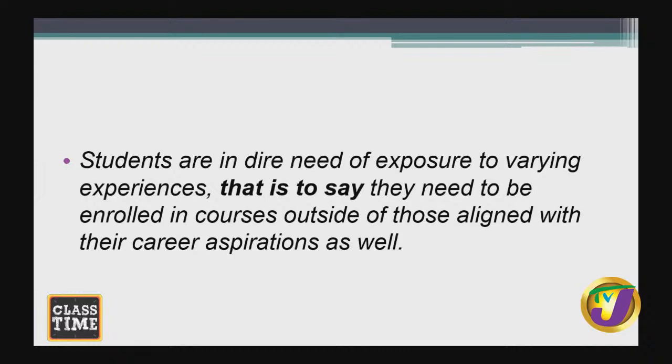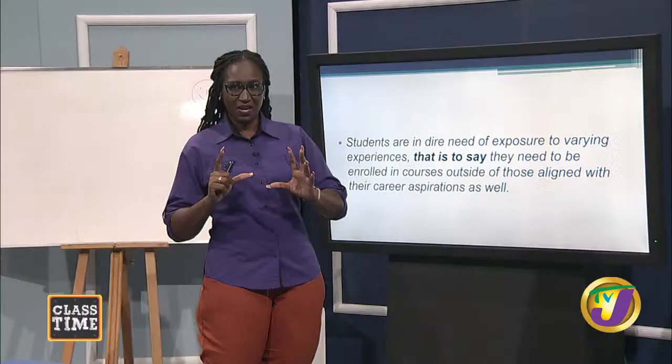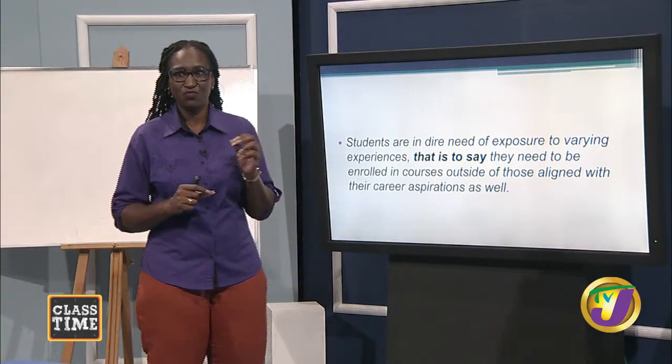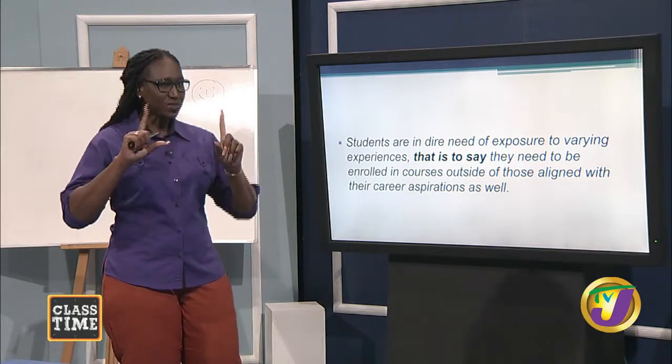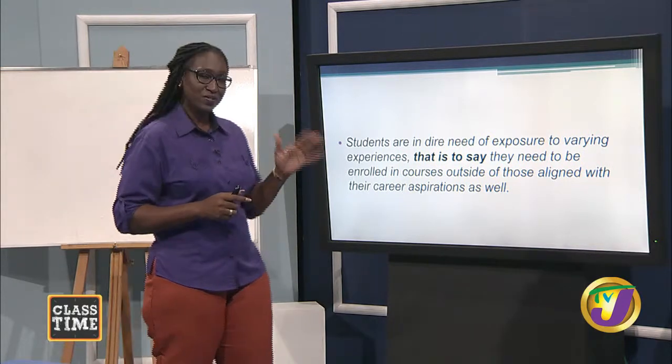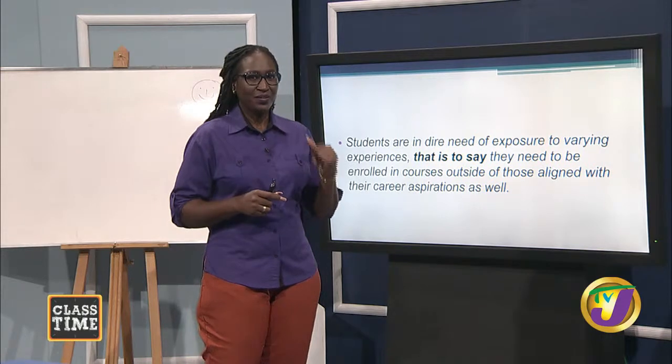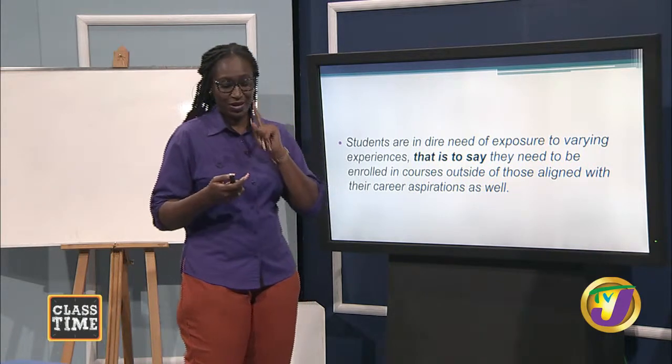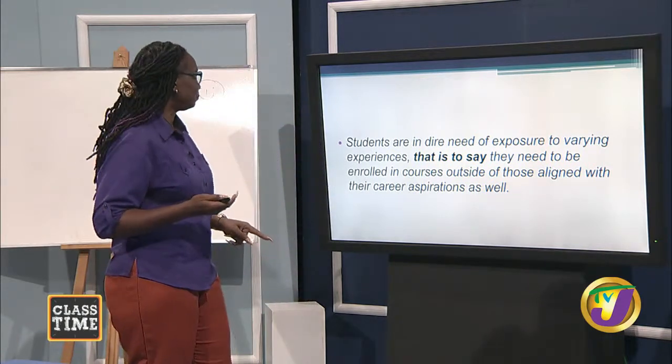What is it linking? What idea is transitioning through that statement? Students are in dire need of exposure to varying experiences. That is to say, they need to be enrolled in courses outside of those aligned with their career paths. You have the answer. I know you do.